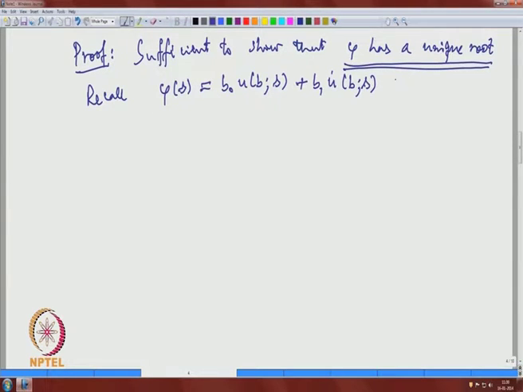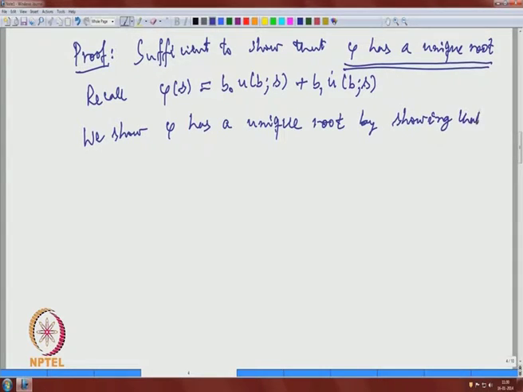Okay. So, we show phi has a unique root by showing that its derivative d phi by ds is bounded away from 0.